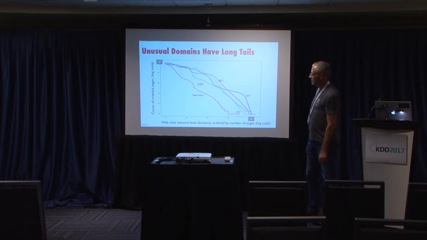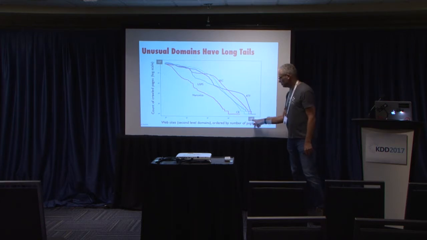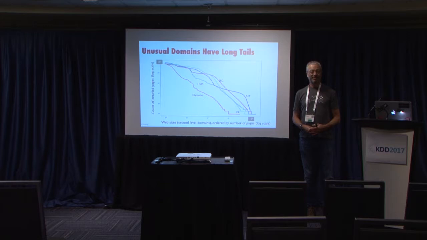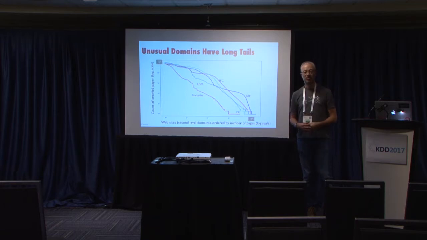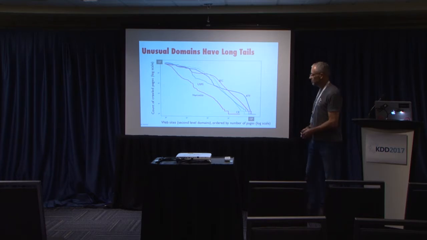So we found that in the last experiments we did, the unusual domains have these long tails. So this is 10 to the 4th. So this is the number of domains or websites in the data that these domain discovery tools crawl. And of course, a few websites account for the biggest number of pages, but there are a lot of websites.